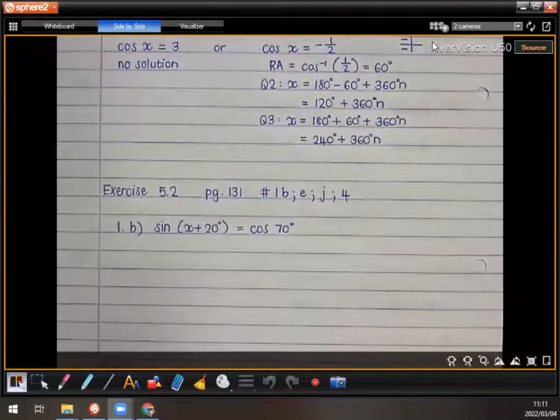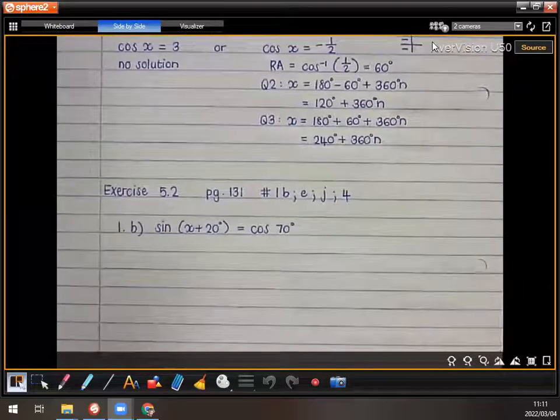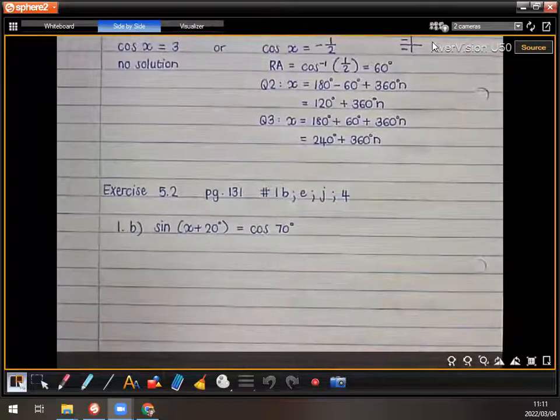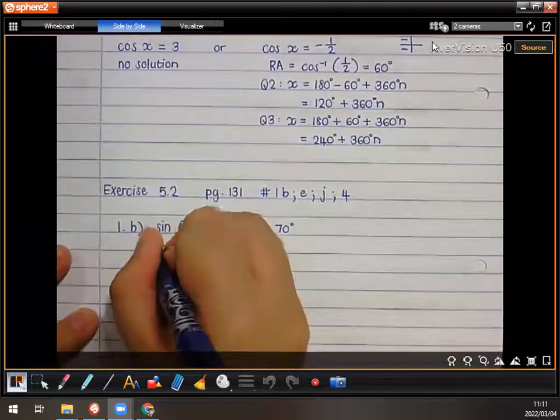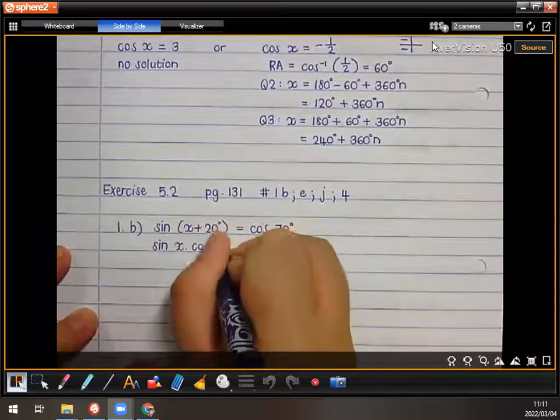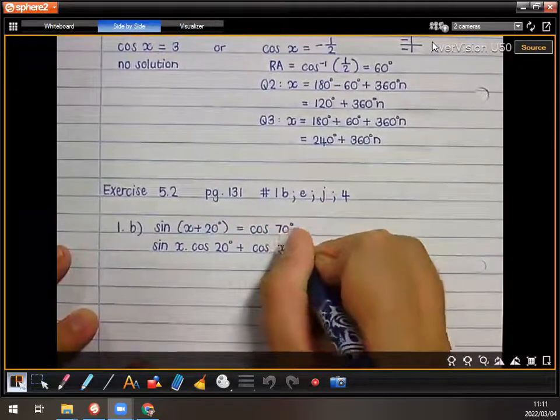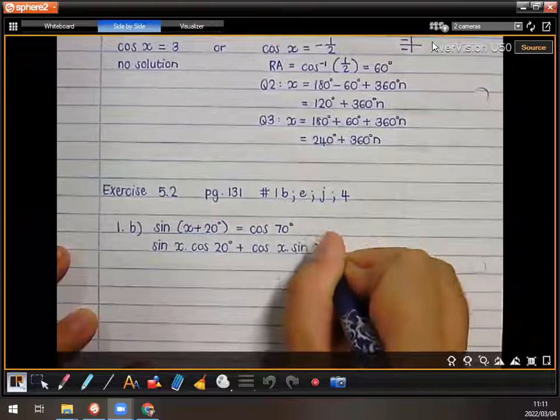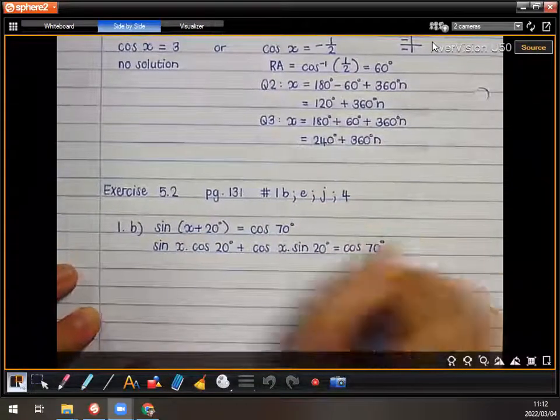That's the question. No, right? I don't want separate terms equal to cos 70. That's not going to help me at all. That's going to make it very complicated. So if you expanded this, don't write this down. I just want to show you what will happen. You'll get sin x cos 20 plus cos x sin 20 equal to cos 70. I'll tell you how many people do that.